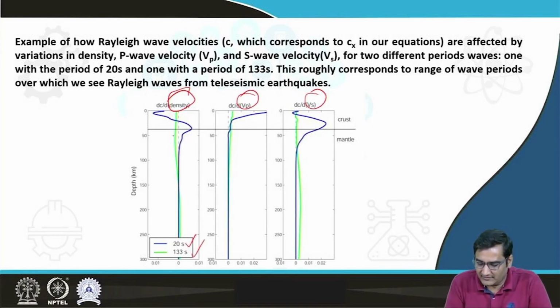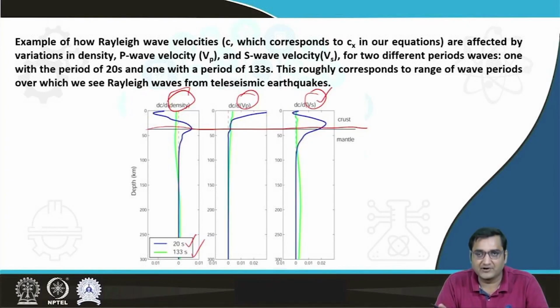Up to here we are showing the sensitivity for the crust, and after that for the mantle. If you look very closely, in the crustal part the density, P wave velocity, and shear wave velocity are all very sensitive for the shorter period waves. But as you go deeper, after the crust, the shear wave velocity has much more sensitivity towards the higher period waves.